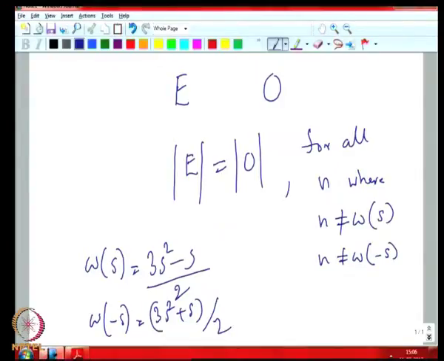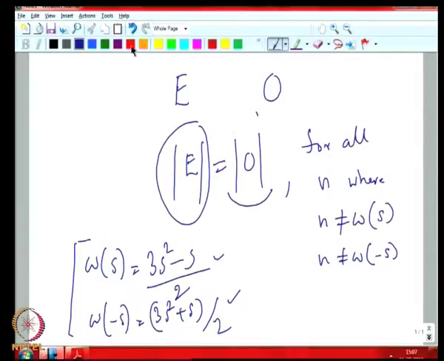Then we showed that if n happens to be of this form or this form for some s, then either this cardinality may be one more than this cardinality, or this cardinality may be one more than this cardinality, and which is bigger is decided by the parity of s. If s is an odd number, then this cardinality will be bigger, and if s is an even number, this cardinality will be bigger.